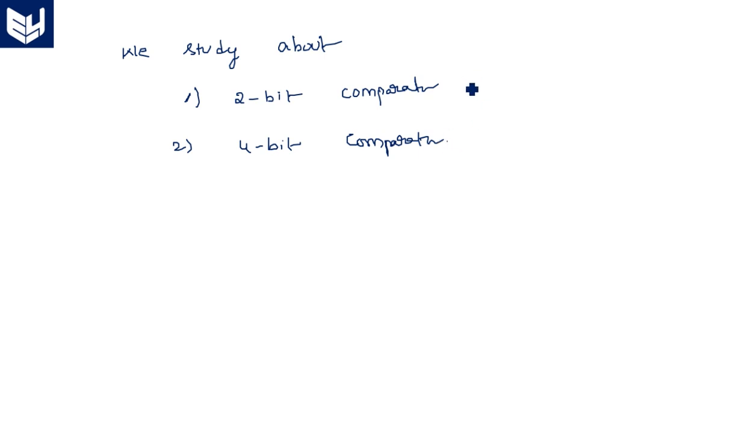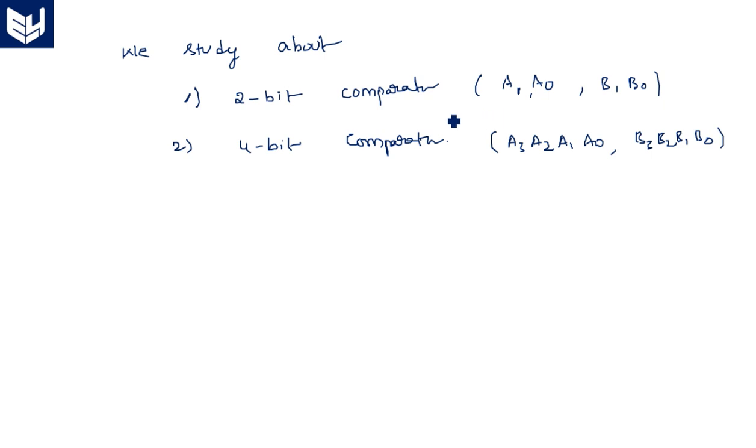So 2-bit comparator means what are the inputs for the comparator? A1 A0, and B1 B0. These are the two inputs for the comparator. And similarly for the 4-bit comparator, A3, A2, A1, A0 is the first number, and the second number has B3, B2, B1, B0. Once these two are compared, the output is always only 3: a less than b, a greater than b, and a equal to b.